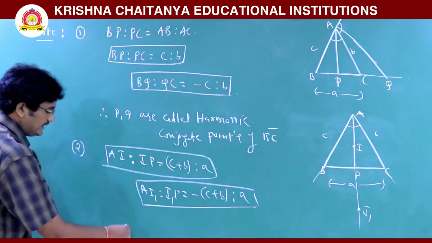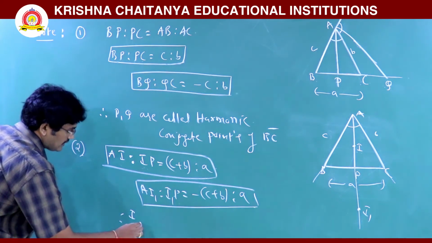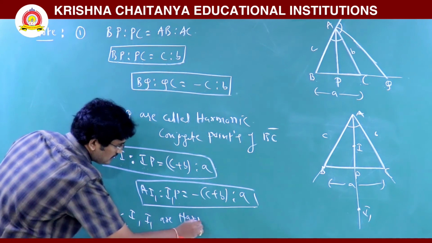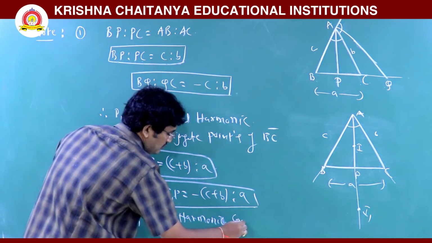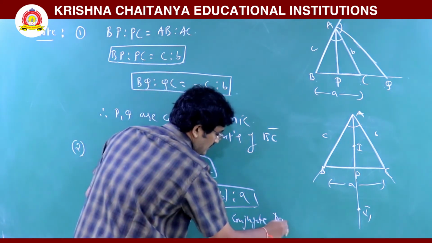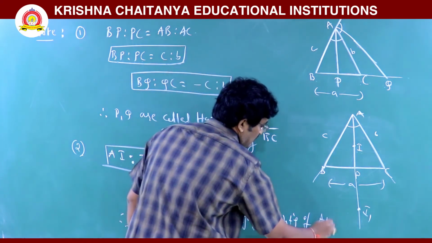So here, therefore, I, I1 are harmonic conjugate points of AP bar. You have to remember this one.